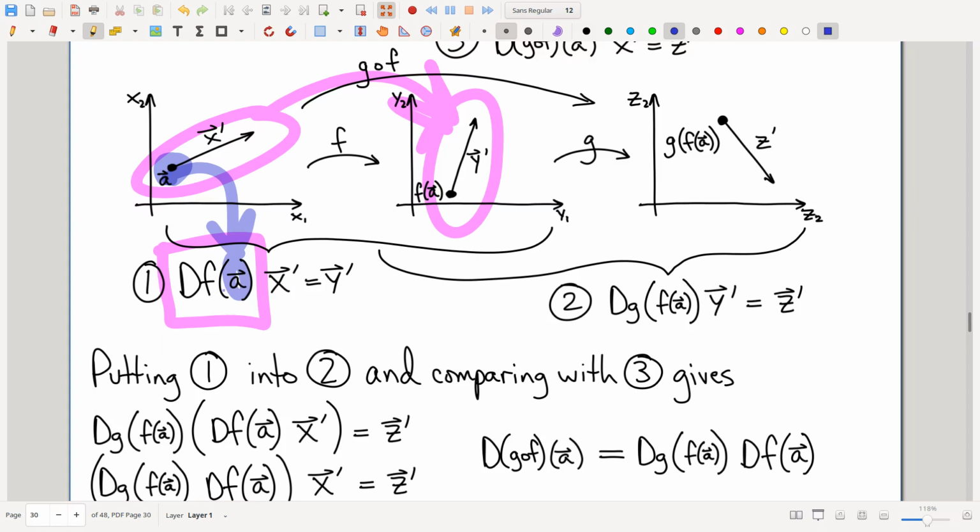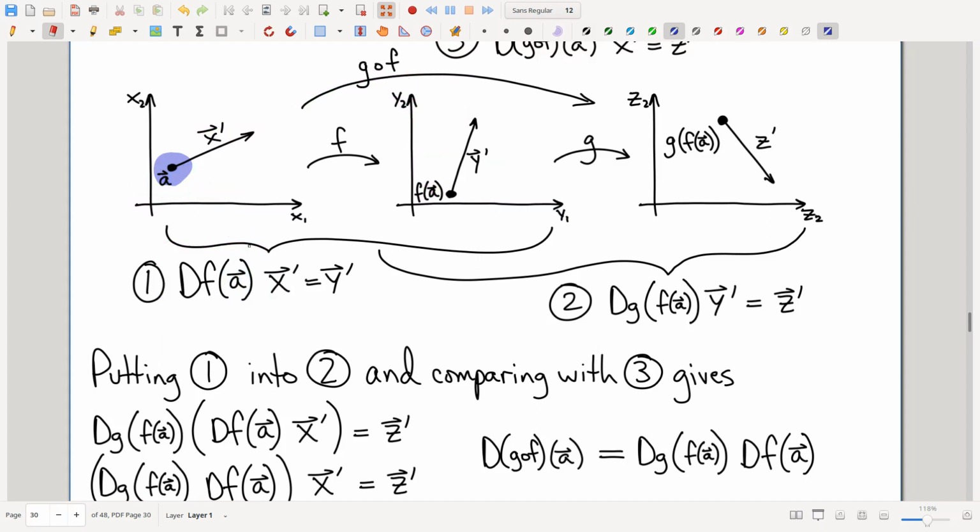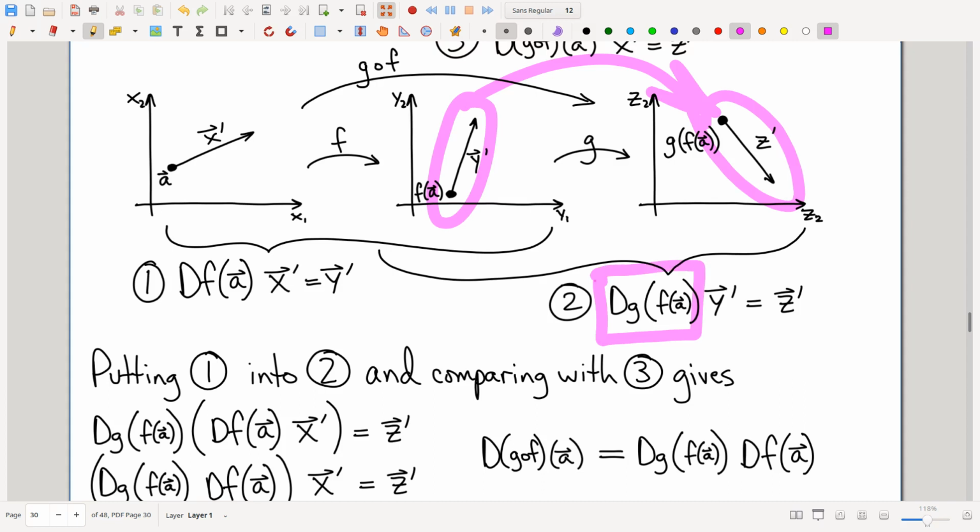So it's the same deal when you're talking about dg. Here's dg. dg turns that vector into this vector. dg is a matrix consisting of partials with respect to y1 and y2. It's therefore a matrix whose elements are expressions in terms of y1 and y2.